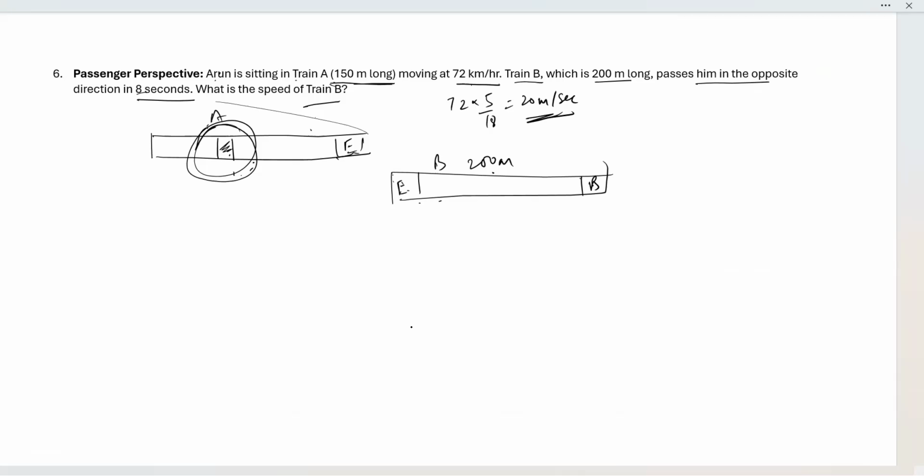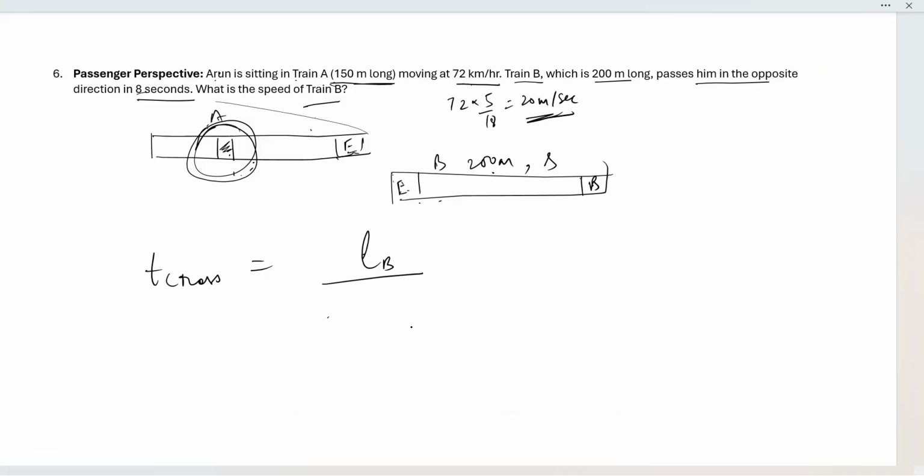So in that case, the time to cross is given by the length of train B, which is the moving train, upon the relative speed. What is the relative speed in this case? Let the speed of this train be s. So relative speed, since they are moving towards each other or in opposite directions, the speeds will add.